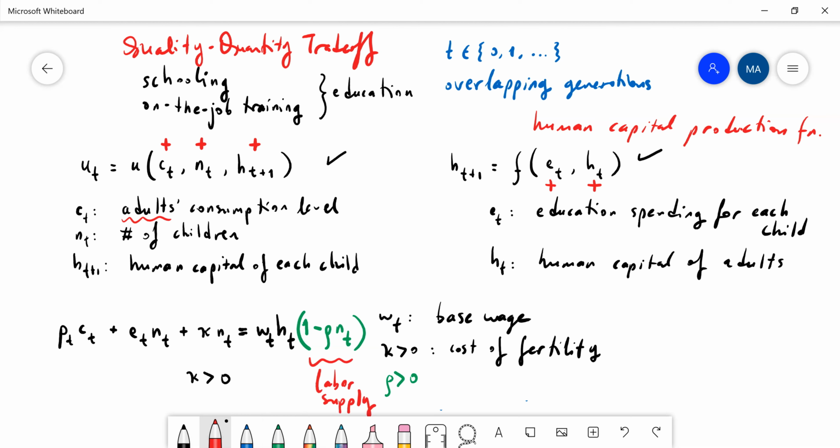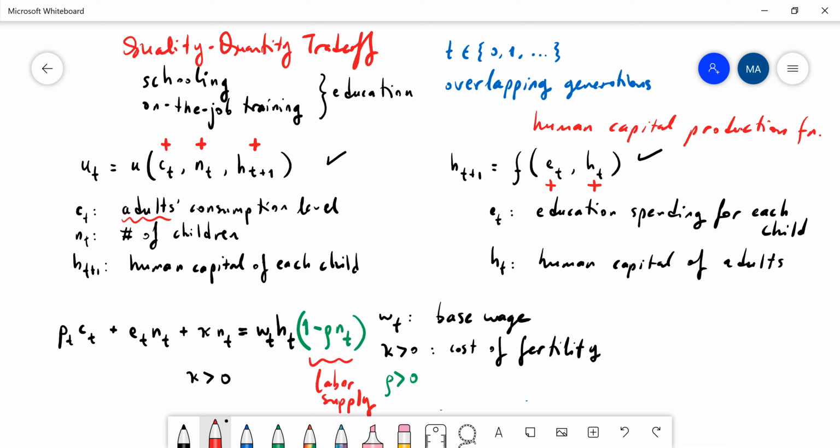Remember, last week we discussed the quality-quantity trade-off, but we also discussed income effects and substitution effects. Now, when I put the time cost of fertility here, I say if the parents have more kids, if N is larger, then labor supply is lower. So this creates a cost of fertility in terms of lost wage income.